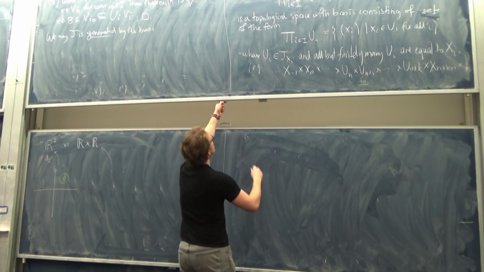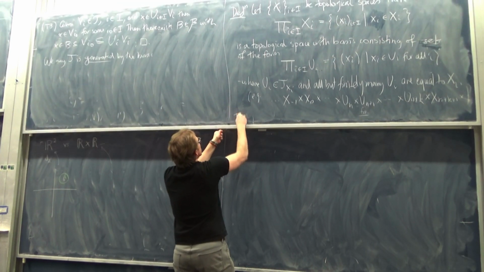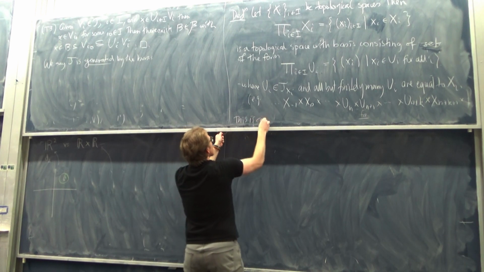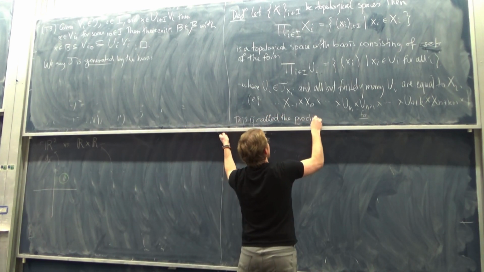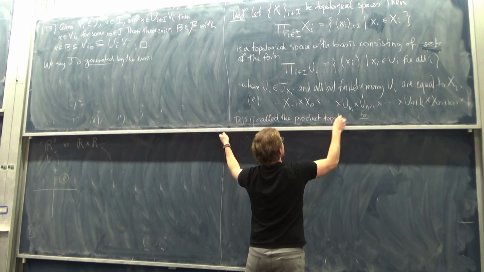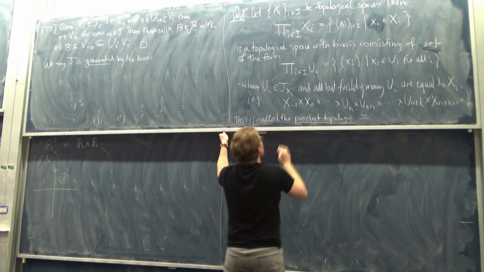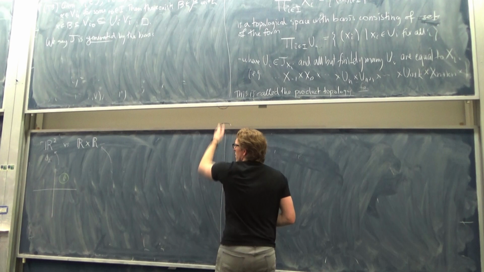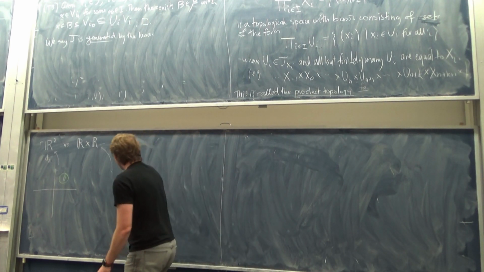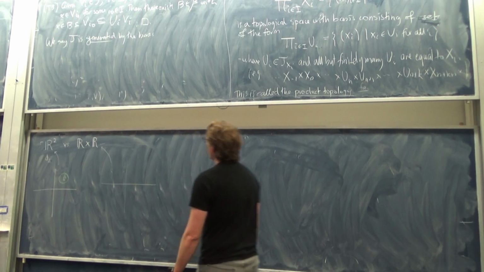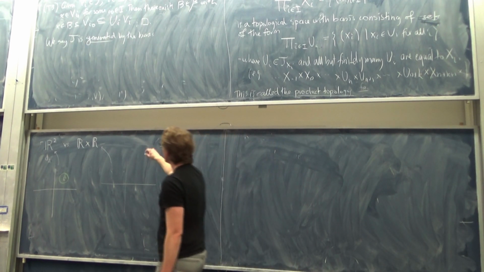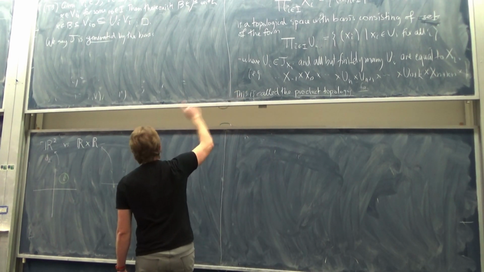Maybe I should have said so. So this is called the product topology. So what is that doing? Well, I mean, it says take an arbitrary open subset of each component.